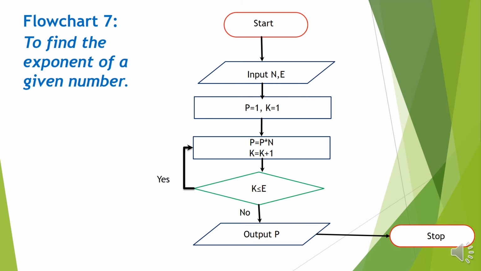It will continue its progress until the condition becomes false, and when the value of k is greater than the exponent, then we will get the output, means we will get the exponent of the number.